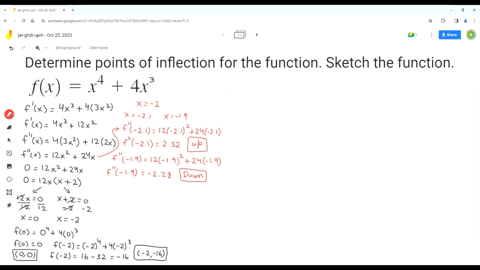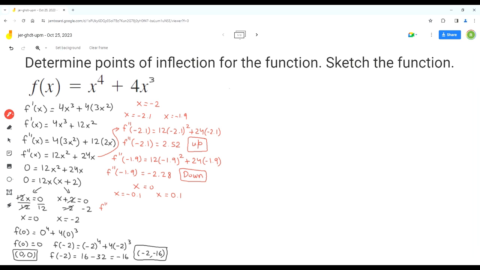Now we can do the same analysis for x equals 0, the other x value at which the inflection point exists. So for x equals 0, on the left side we can use the x value negative 0.1, and on the right side we can use positive 0.1. So we can use the equation for the second derivative.